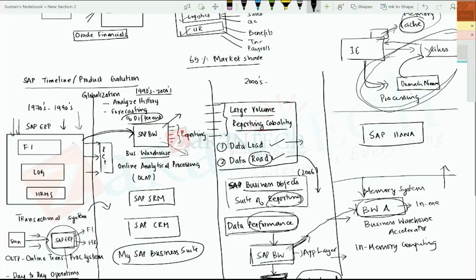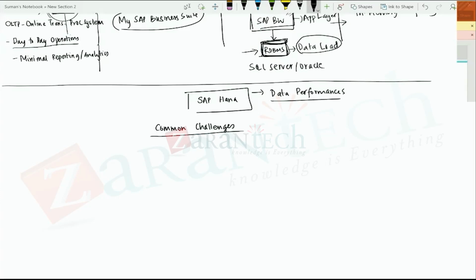Let's try to understand why SAP HANA. What are the common challenges happening in today's market? If you understand that better, you will be able to better appreciate why SAP HANA is a product and what kind of problems it is solving on a day-to-day basis. If you look at some of the common challenges we face in any organization, the first thing is growth of data.